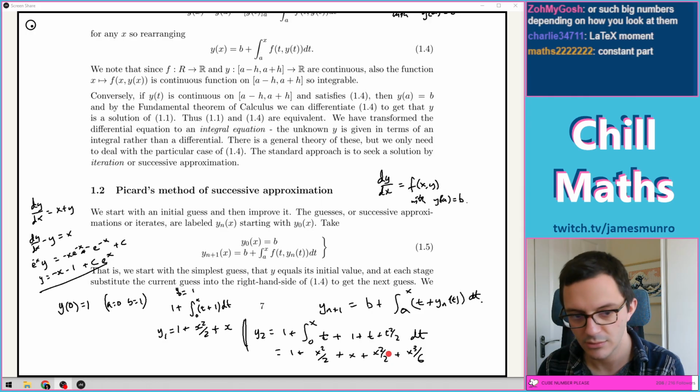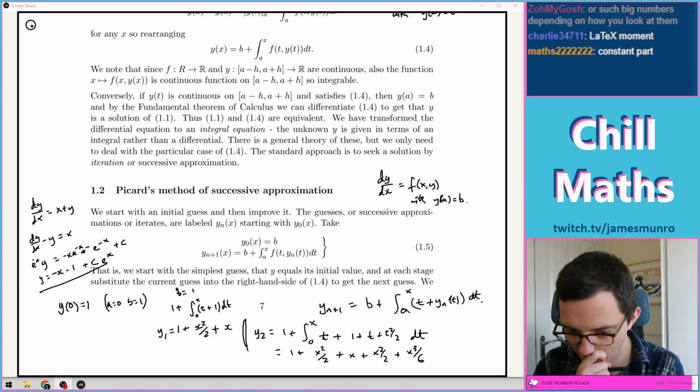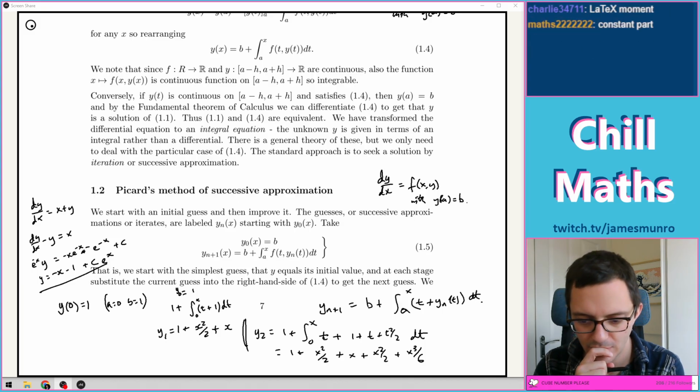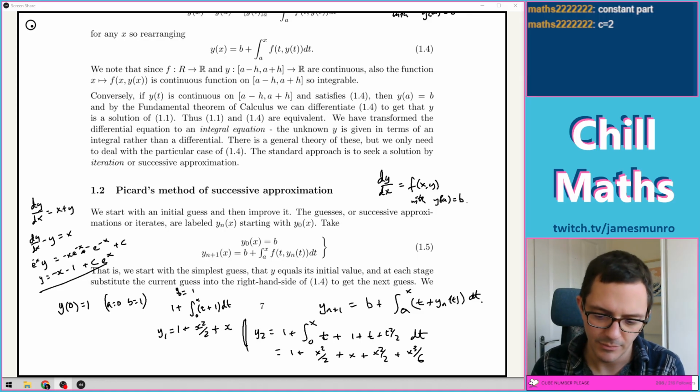Constant part. So if I plug in my initial conditions, then I get C as 1.